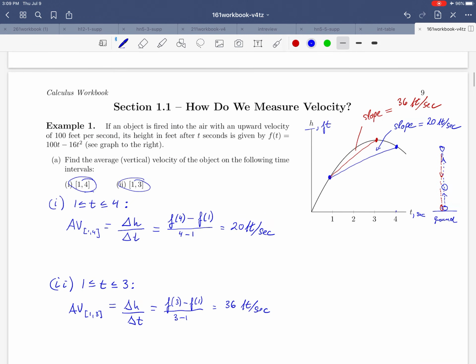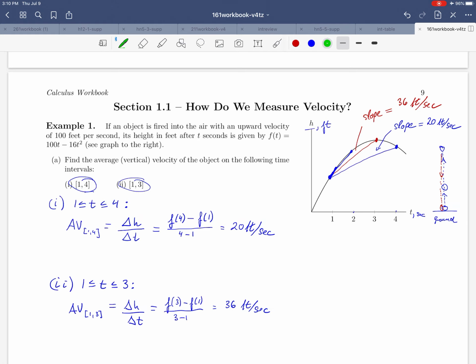Now we can also look at these numbers graphically. Let's go back to the graph. In our graph we see the two slopes that represented the average velocities from 1 to 4 and 1 to 3 seconds. What we just did was take shorter and shorter time intervals. We had one time interval from 1 to 2 seconds, and we computed the slope. And then we had shorter and shorter time intervals. So we computed slopes of lines that go through points that are closer and closer together.